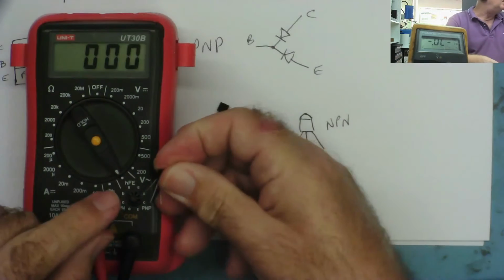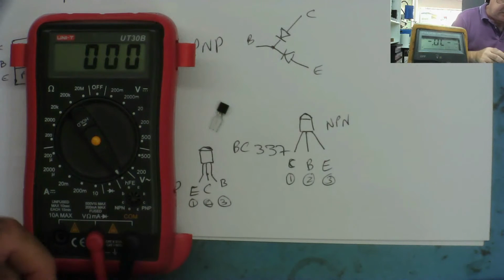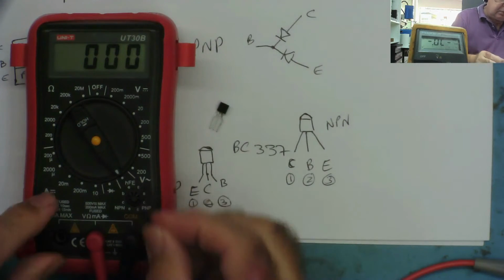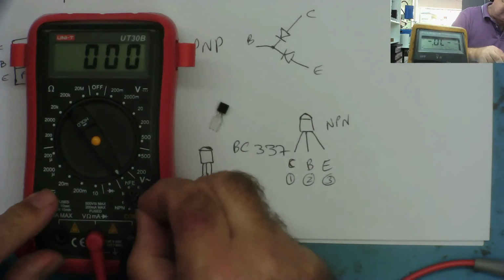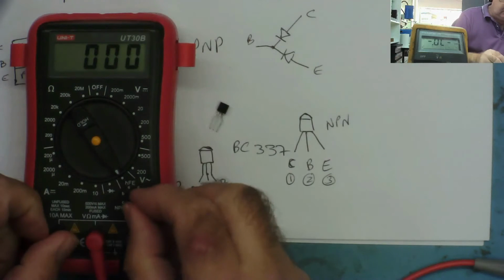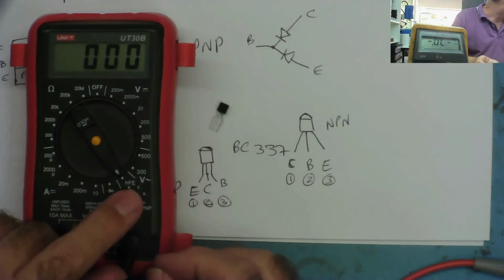So this is collector at this end, base in the middle. And it's on the lower case, so we want collector this end, base in the middle. So it goes like so. Collector, base, emitter. Definitely the right way round.